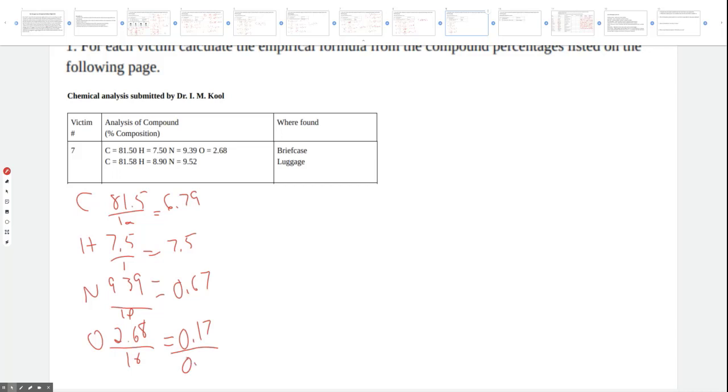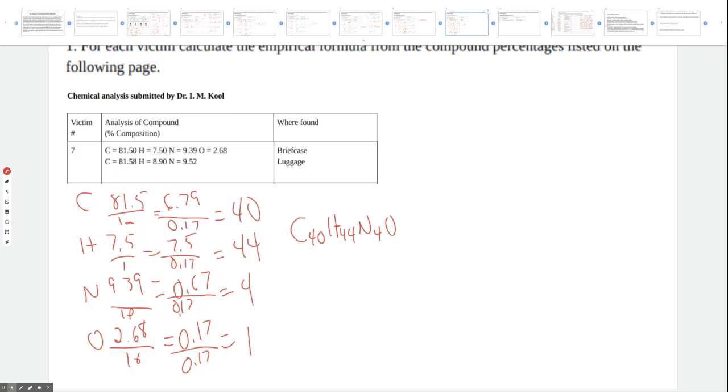That 0.17 is the smallest. Everything gets divided by 0.17. So that's going to give us some big numbers here. 40, 44, 4, and 1. Now this time it was that easy. We don't have to multiply anything extra. C40, H44, N4, O.